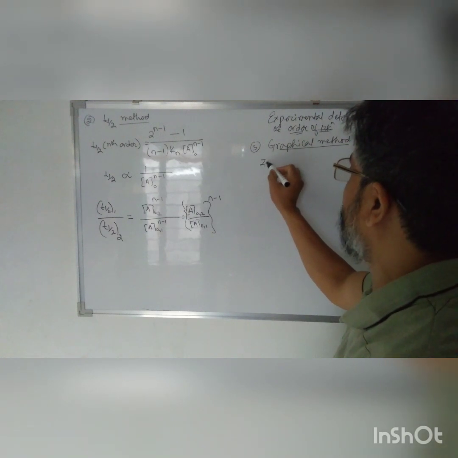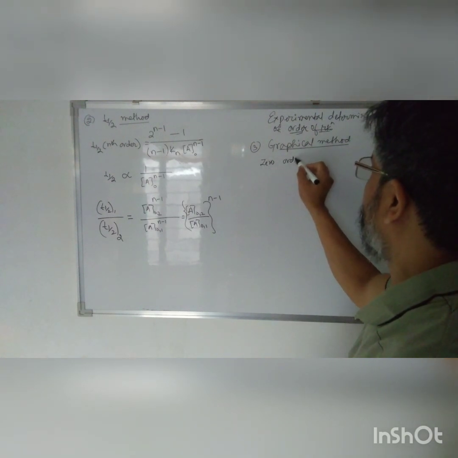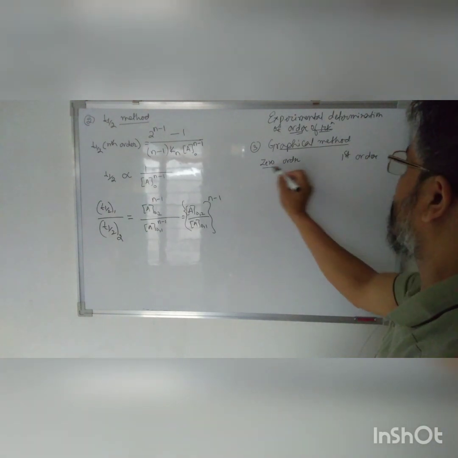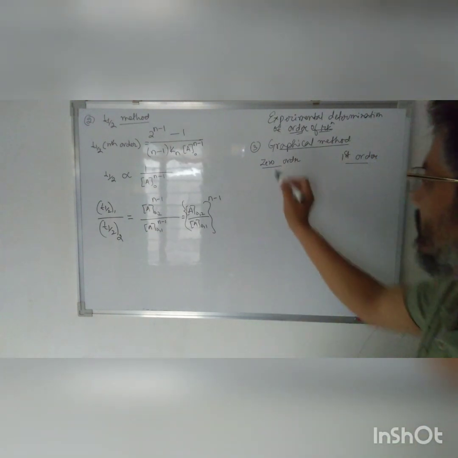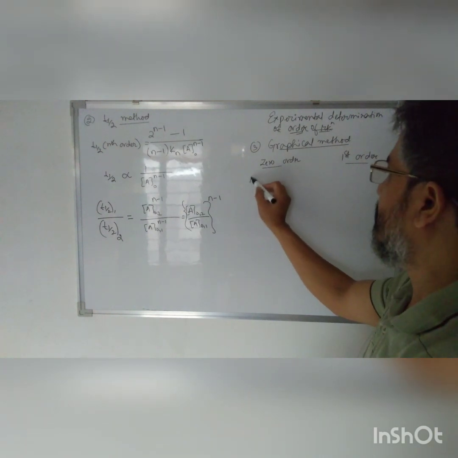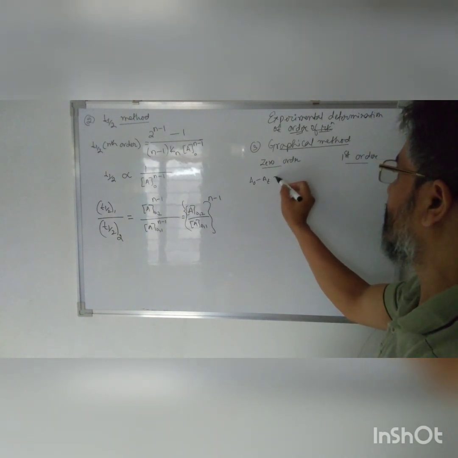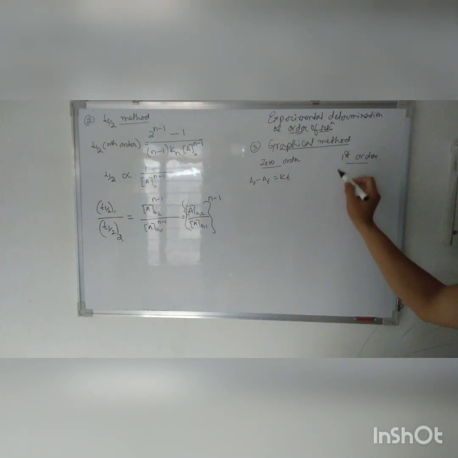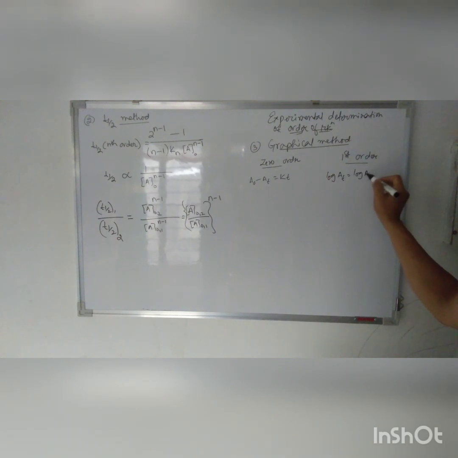For zero order reaction, the integrated equation is A naught minus A t is equal to k t. For first order reaction, the integrated equation is log A t is equal to log A naught minus k t.